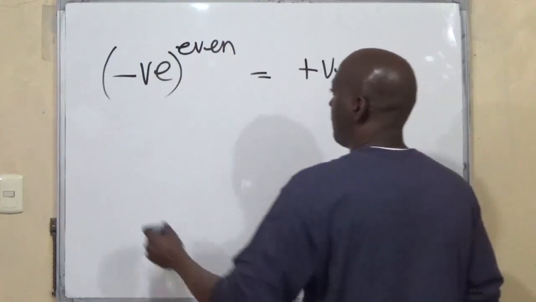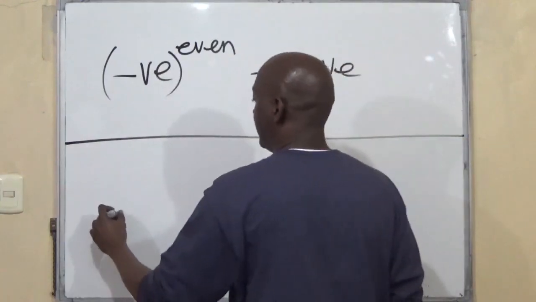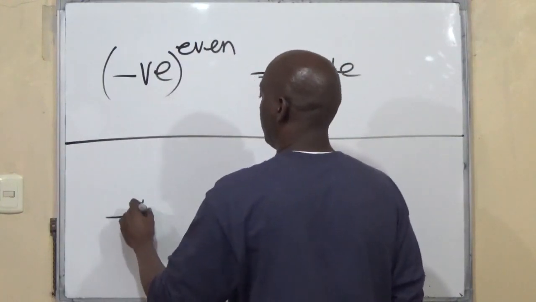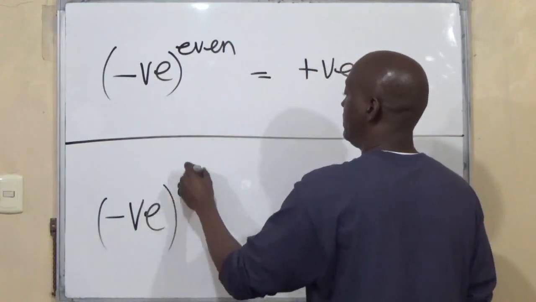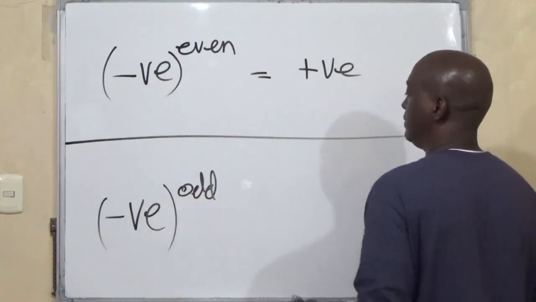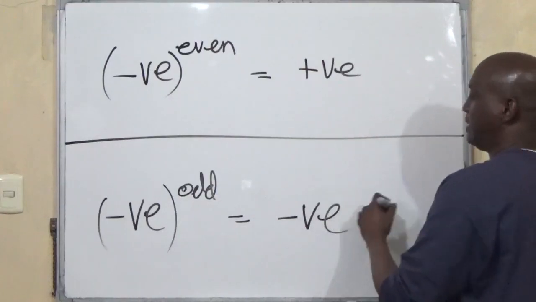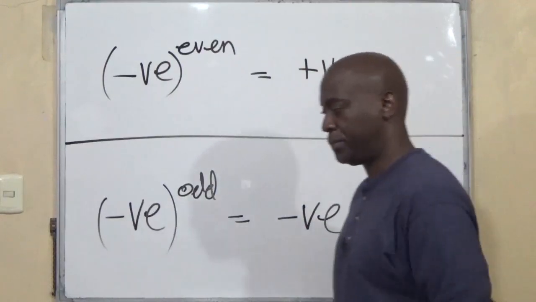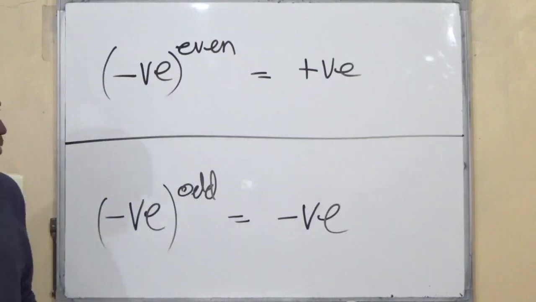And on the flip side, if you have a negative number that you then proceed to raise to an odd power, then the answer would be negative. You could write it like that, right?